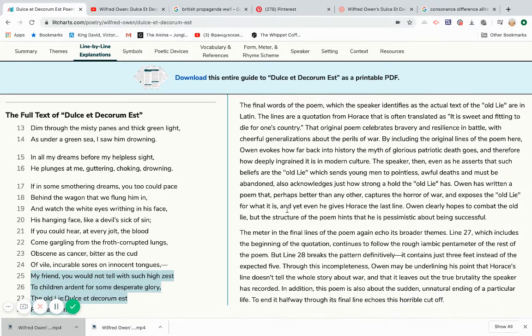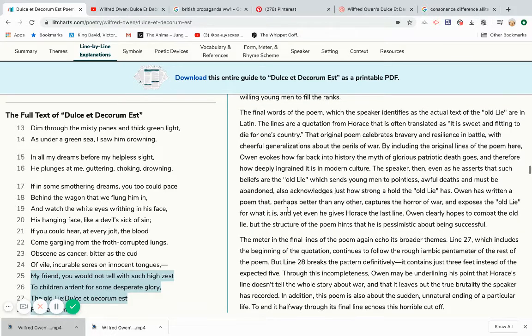The final words of the poem, which the speaker identifies as the actual text of the old lie, are in Latin. The lines are a quotation from Horace that is often translated as, "It is sweet and fitting to die for one's country." That original poem celebrates bravery and resilience in battle, with cheerful generalizations about the perils of war.